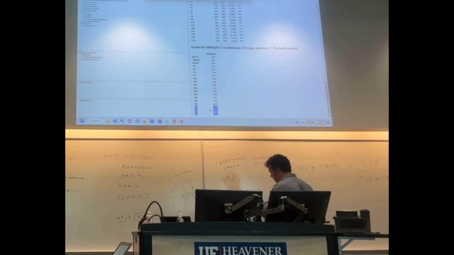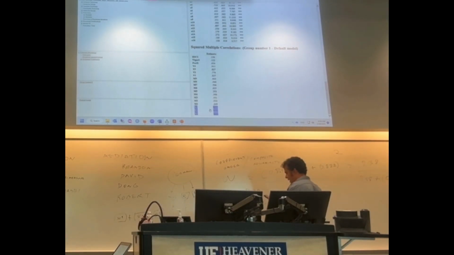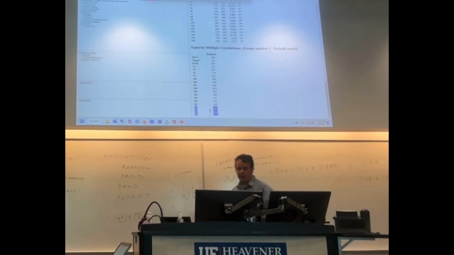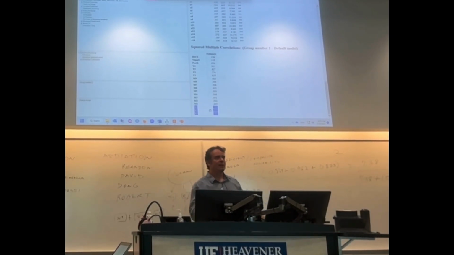Therefore, the coefficient omega is 7.38 divided by 7.915, 0.93. Okay? That's the coefficient omega. Now, SPSS can do Cronbach's alpha, and I believe can do coefficient omega too.